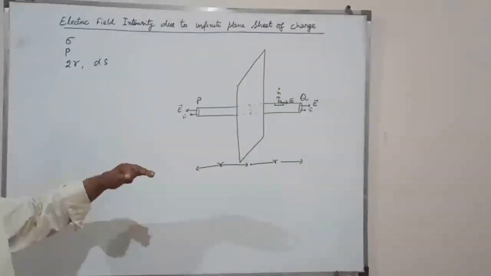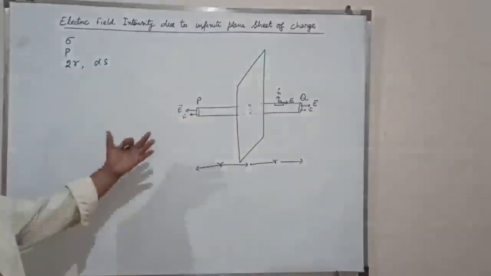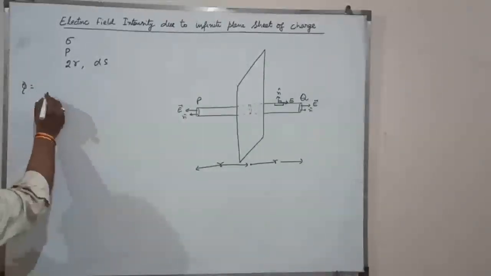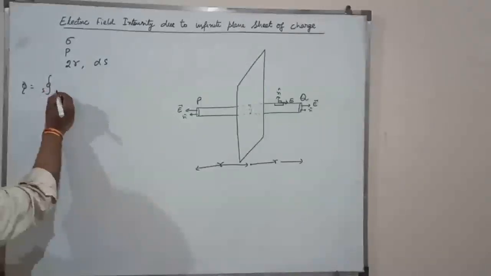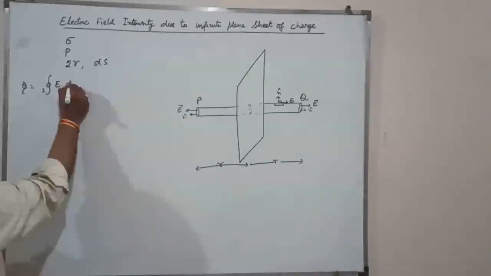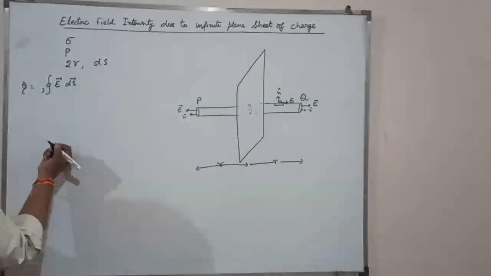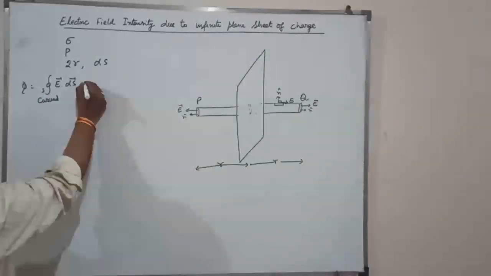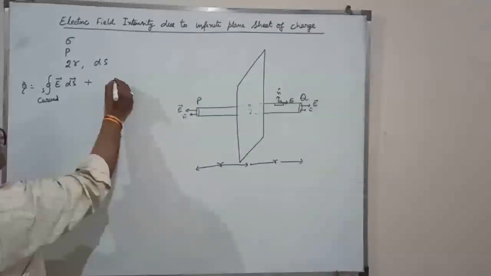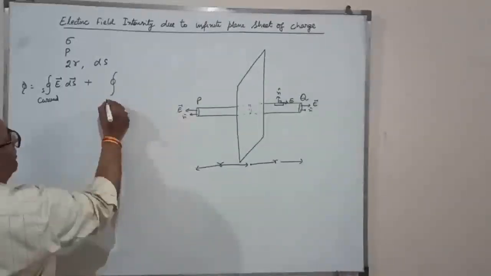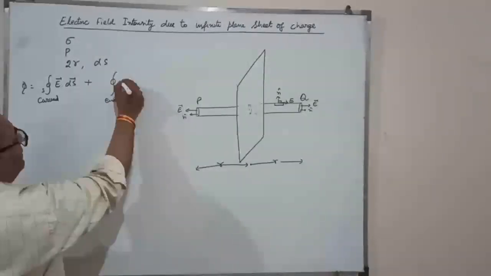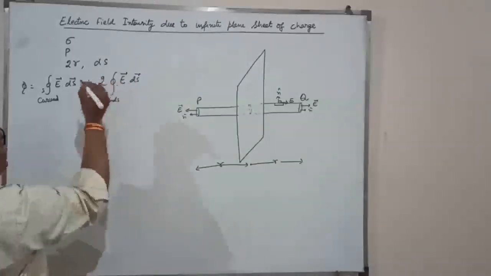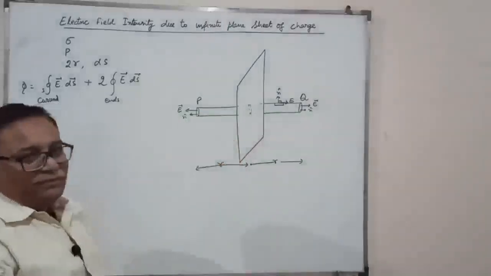Clear? Then the electric flux coming out from the Gaussian surface, phi, is equal to the integral of E dot ds over the curved surface plus the integral of E dot ds over the ends, and twice, because there are two ends.